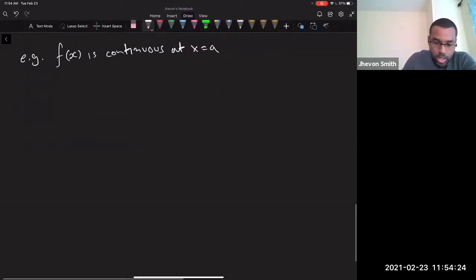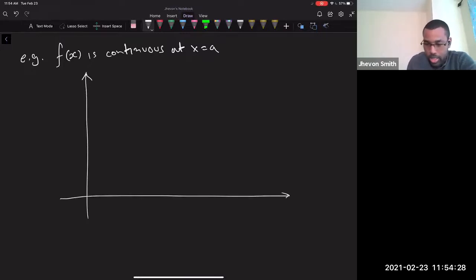So here's a function that is continuous at x equals a, just some random function, nothing particularly special. So I just want you to have an idea of what continuity would look like. So I have my function just doing its thing.